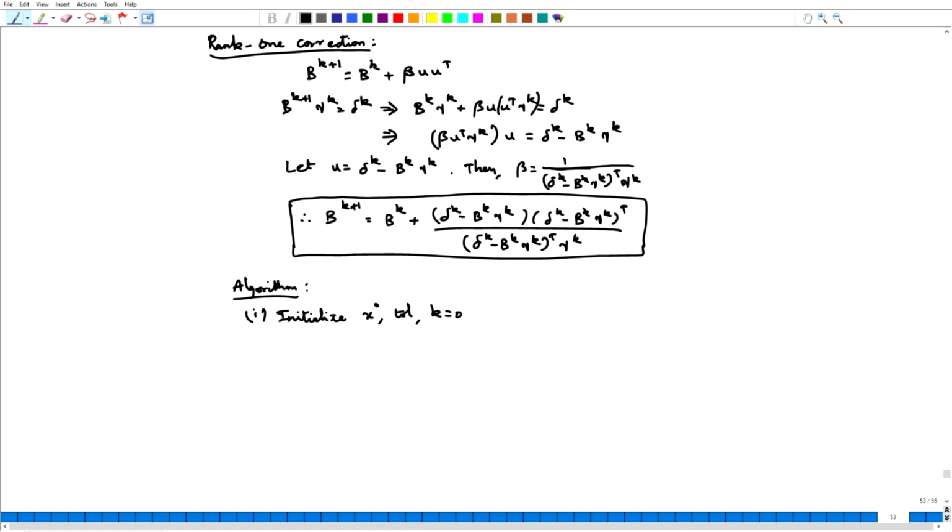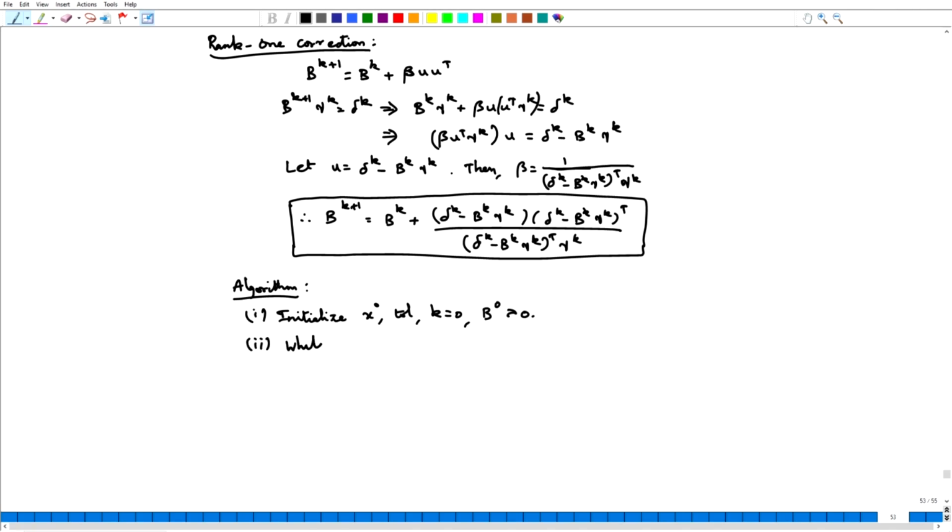There should be a starting point, and that starting point needs to be a symmetric positive definite matrix. It cannot be any arbitrary matrix. So, you need to initialize B naught, which is positive definite, please understand. That is another step that is extra when you compare it with the algorithms that we had discussed until now.